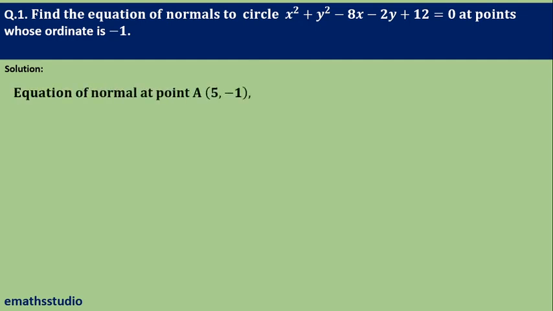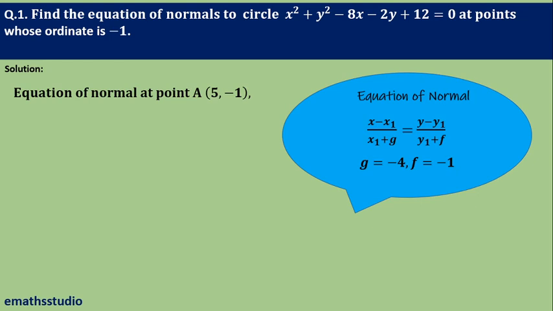So first of all, I am writing the equation of the normal at point A (5, -1). The equation of the normal we have derived is (x - x1)/(x1 + g) = (y - y1)/(y1 + f). Here (x1, y1) is the point we obtained, and the values of g and f from the circle's equation are -4 and -1.